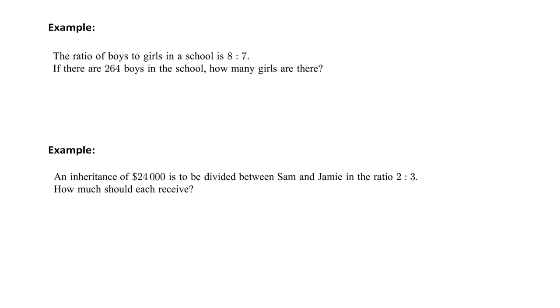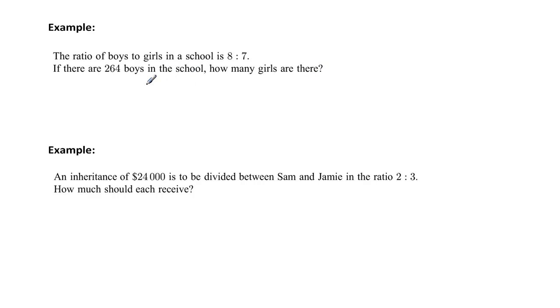Just a couple more to finish off with. The same question, or this is sort of a reverse question, it says the ratio of boys to girls in a school is 8 to 7. So we've got to find out if there are 264 boys in the school, how many girls are there? Similar sort of question.